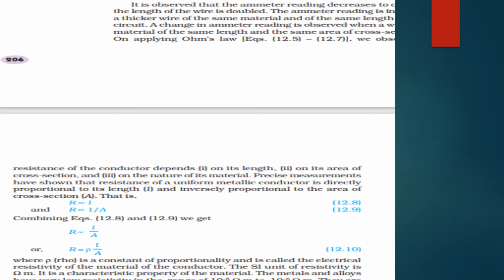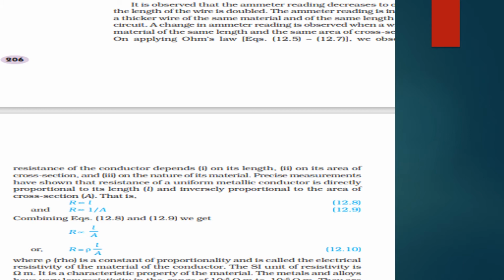So whenever we increase the length to 2L, the current decreases to half, and when we replace it by the double thickness wire, that means 2A cross-sectional area, the current increases. So when the length of the wire increases, the current decreases, and when the thickness of the wire increases, the current increases. And we know that whenever current increases, resistance decreases.